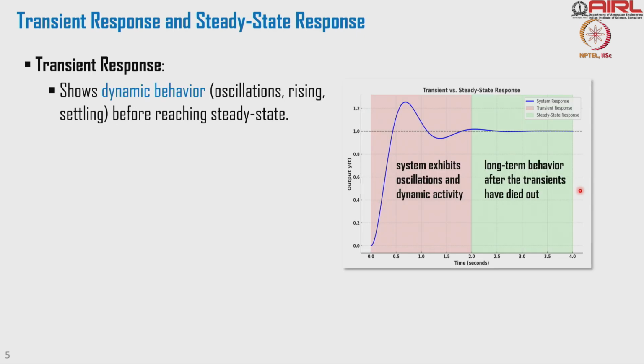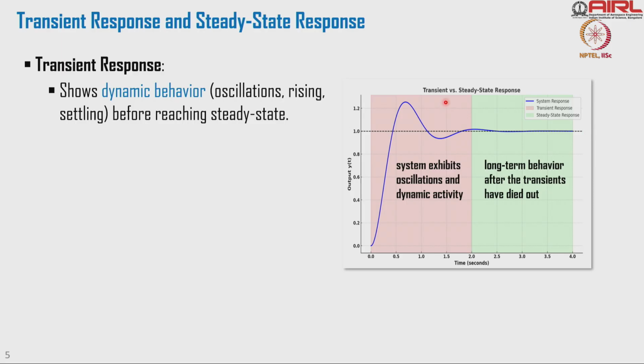Okay. Now let us take a typical second order system response. I am trying to give you an understanding. I take a system, look at the response over time, and look at the output y of t. The blue line shows how the response goes up.